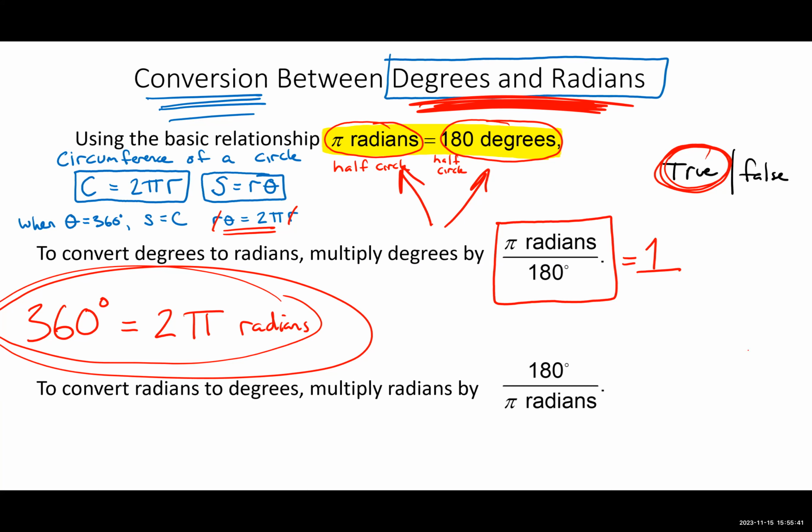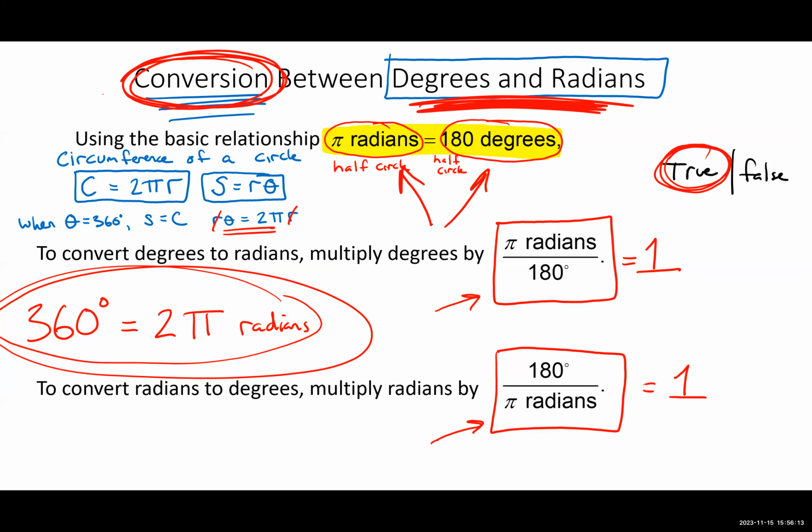It doesn't matter if the radians are on top or the bottom. These two fractions are equal to 1. So we're going to use these two red boxes right here, this one and this one, to convert between radians and degrees.